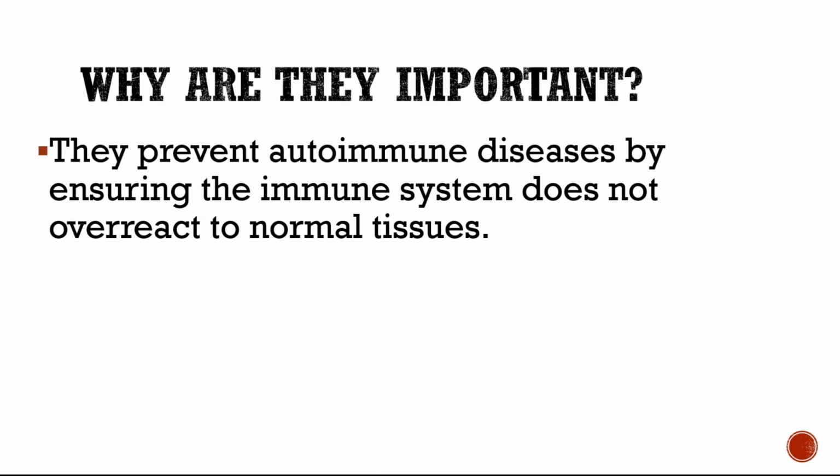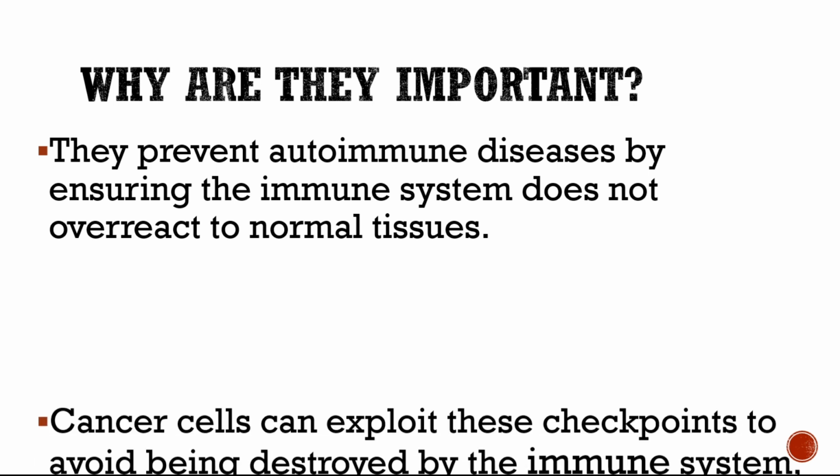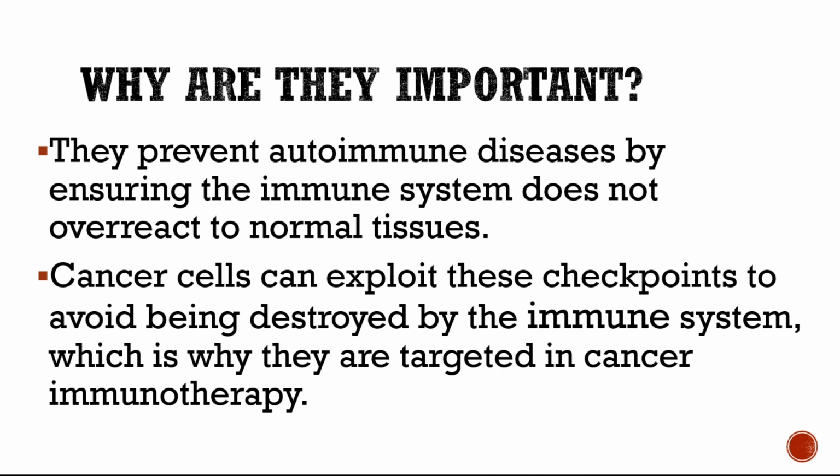First, they prevent autoimmune disease by ensuring the immune system does not overreact to normal tissues. Cancer cells can exploit this checkpoint to avoid being destroyed by the immune system, which is why they are targeted in cancer immunotherapy.